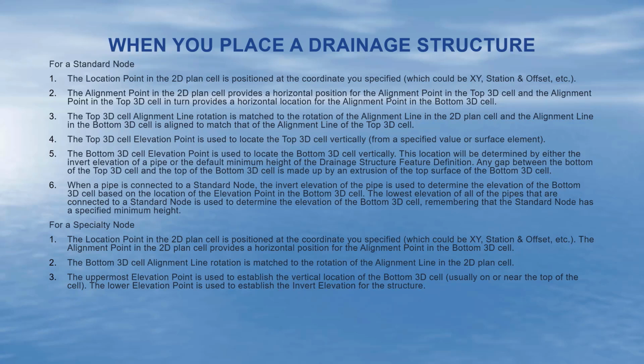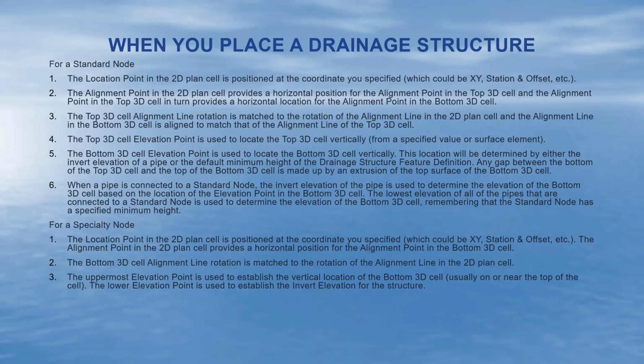The top 3D cell elevation point is used to locate the top 3D cell vertically. You can use a specific value, some elevation that you arbitrarily choose, or that you know is where this structure needs to be, or you can use a surface element to have that point placed along that surface however it aligns.